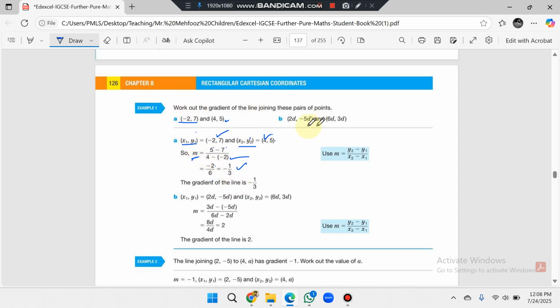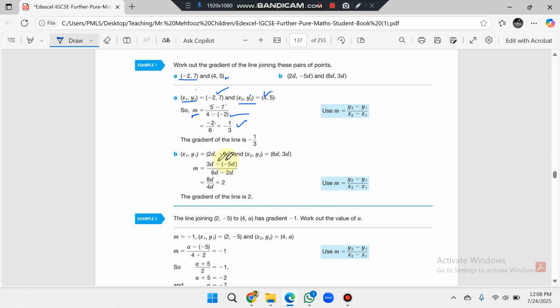The next one is 2d, minus 5d and 6d, 3d. You can see that here the y1 coordinate is minus 5d and the y2 coordinate is 3d. So 3d minus minus 5d over the x1 value, which is 2d, and x2, which has the value 6d.